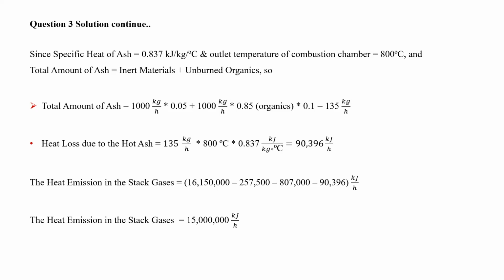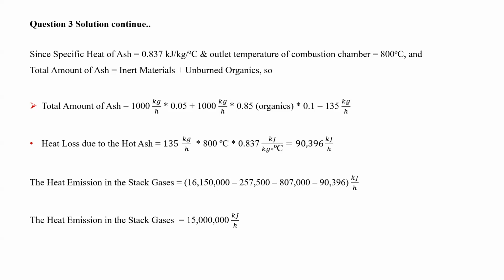And therefore, we can find the total amount of ash flow rate. And now we should calculate the heat loss due to the hot ash by multiplying this number with the specific heat of ash, which is equal to 0.837 kilojoule per kilogram times centigrade degree, and the outlet temperature of the combustion chamber, which is 800 centigrade degree, specified in the question.